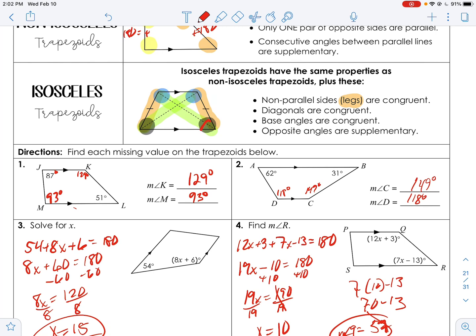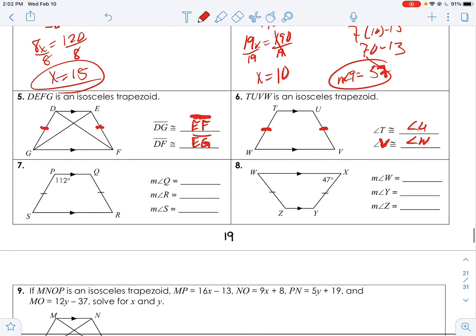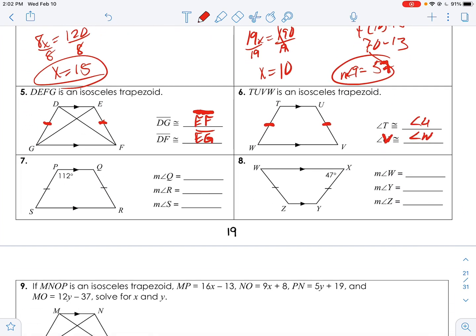Another way that we can mark that is you could put the little arc through here like this, and you can put the little double arc through here like that, if you wanted to.